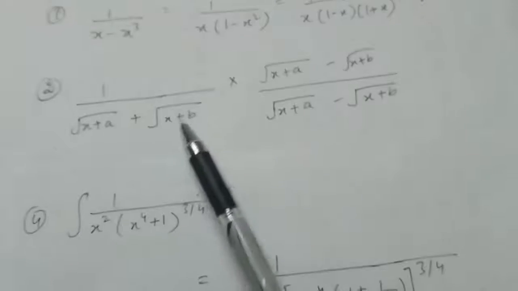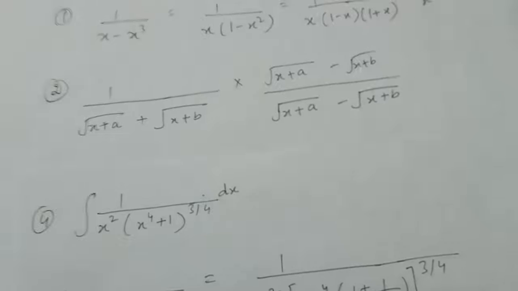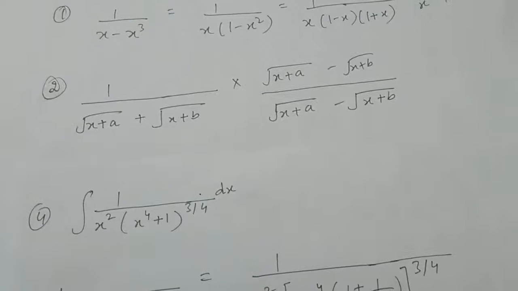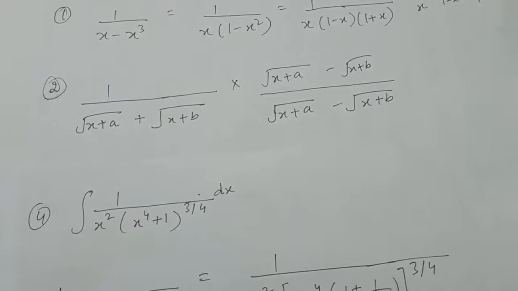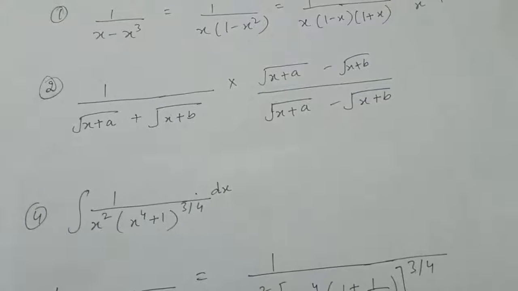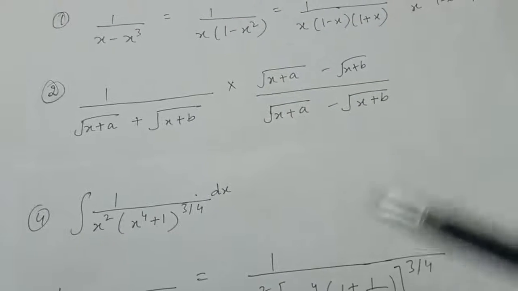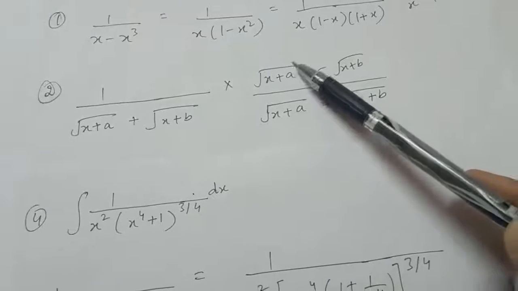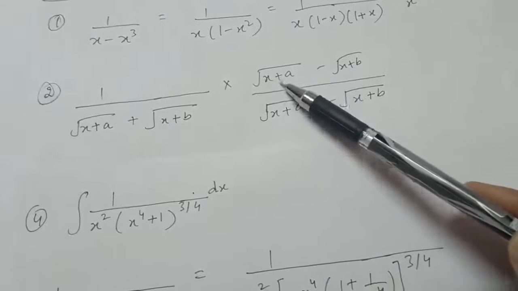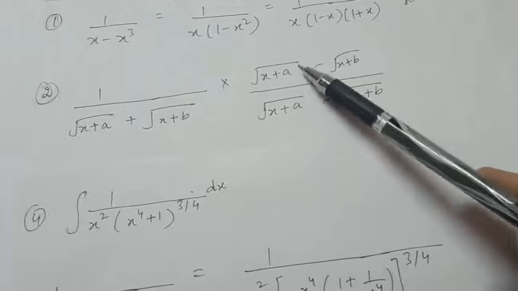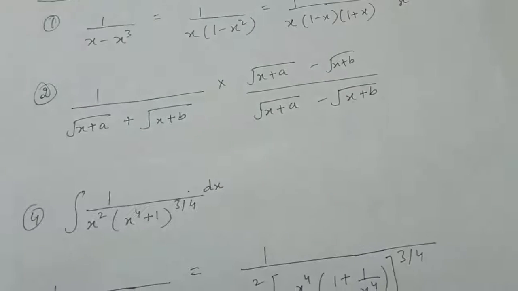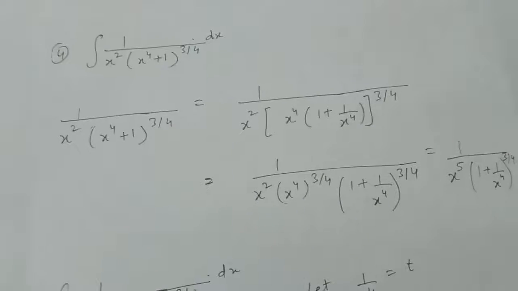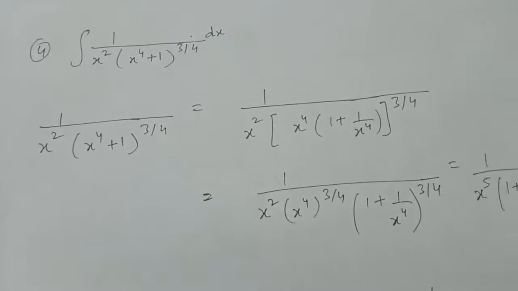Now when you multiply these two, you will get x plus a minus x minus b. That is, you will get in the denominator a minus b, which is constant. Take it out from the integral, and now you have to find the integral of this root x plus a, and integral of this root x plus b, which can be easily calculated.